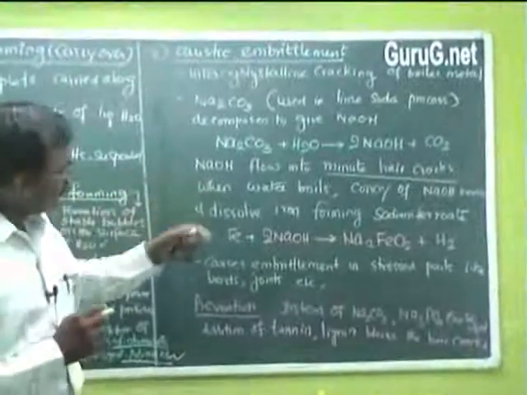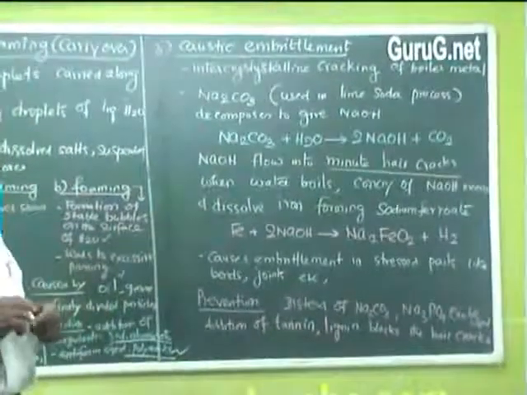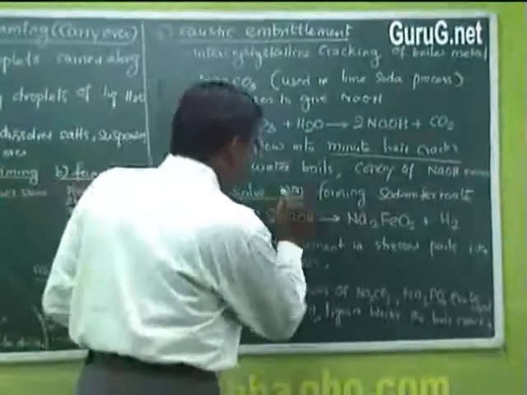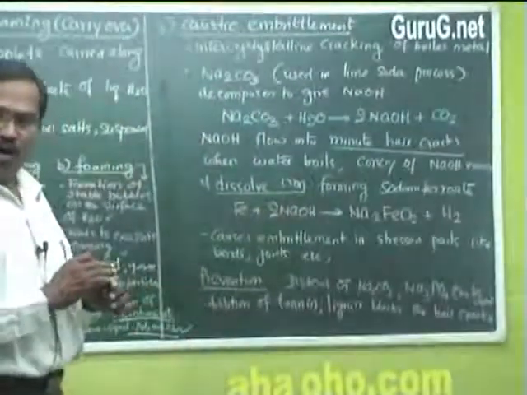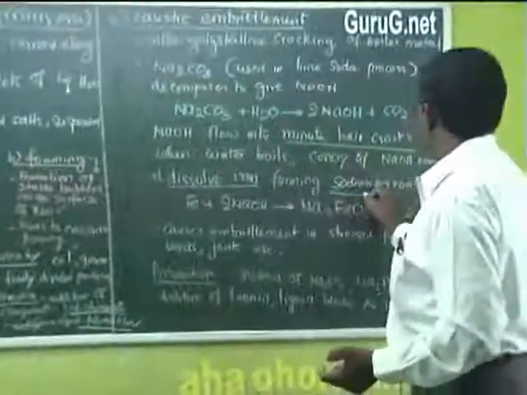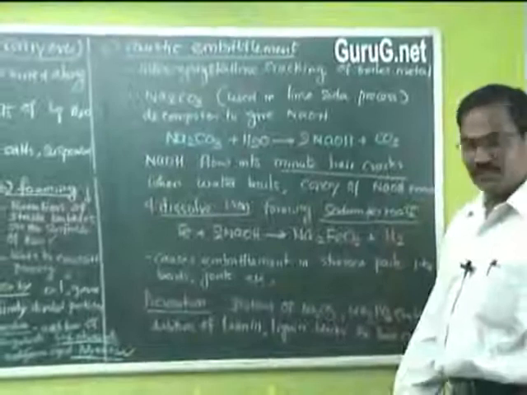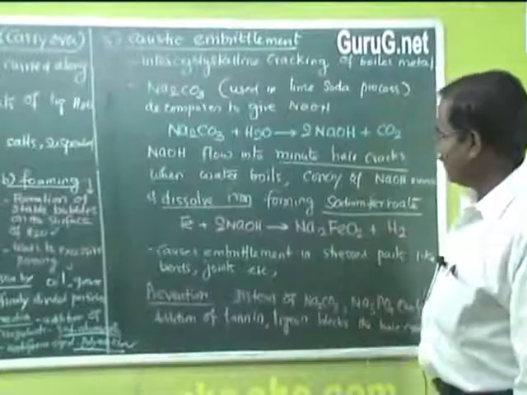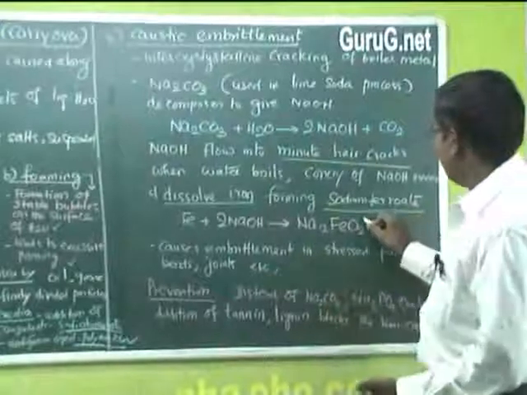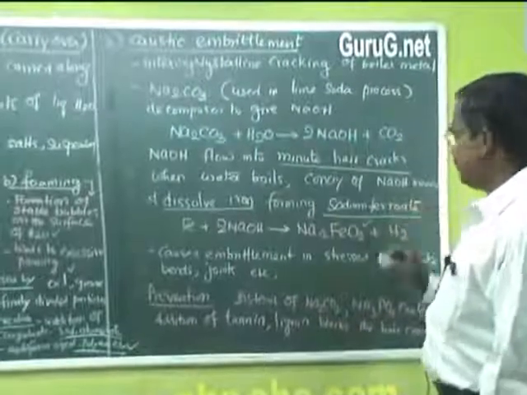So it goes into the minute hair cracks of the boiler metal, reacting with iron and forming soluble sodium ferroate.